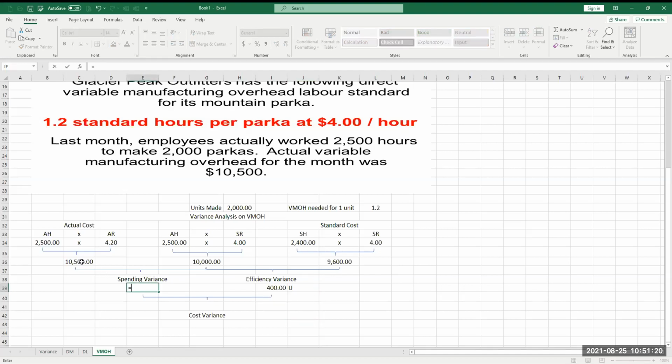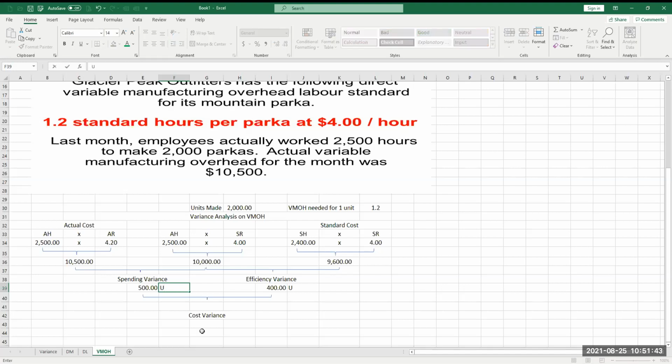Spending variance will be 10,500 minus 10,000. So by my standards, my variable overhead cost should be $4. In reality, it's $4.20. Is this favorable or unfavorable for me? Unfavorable.